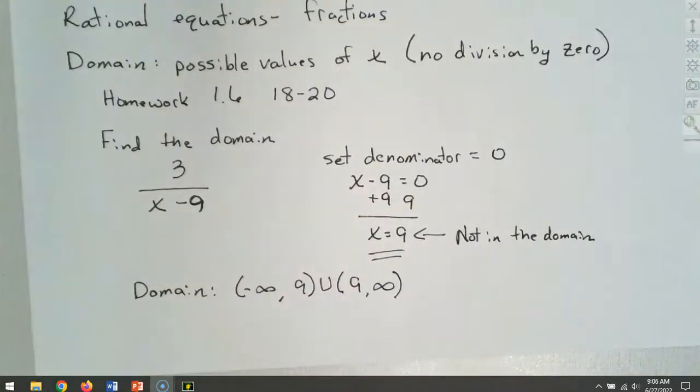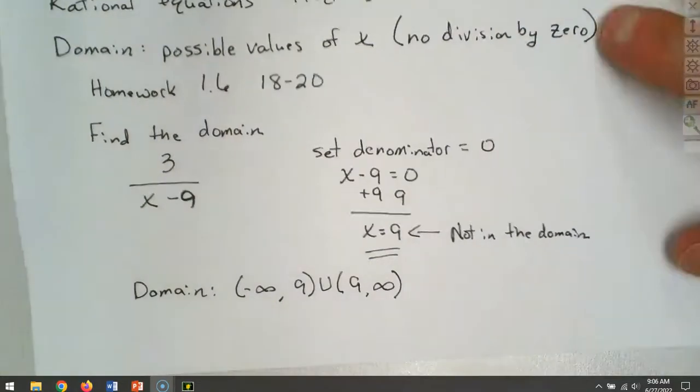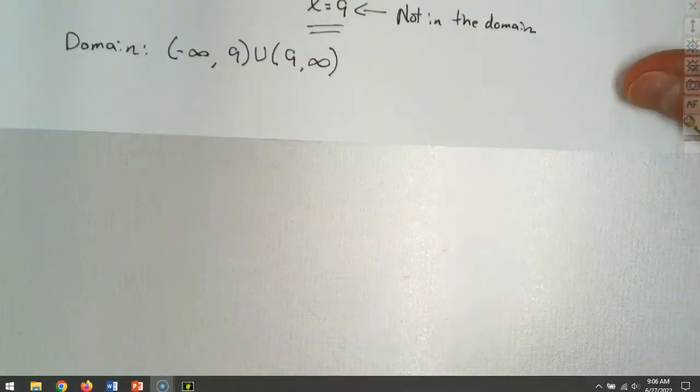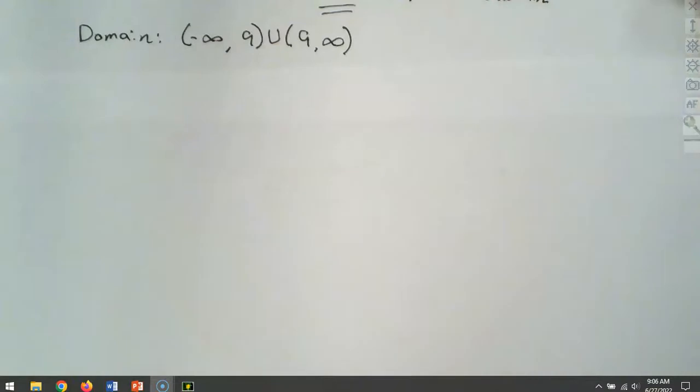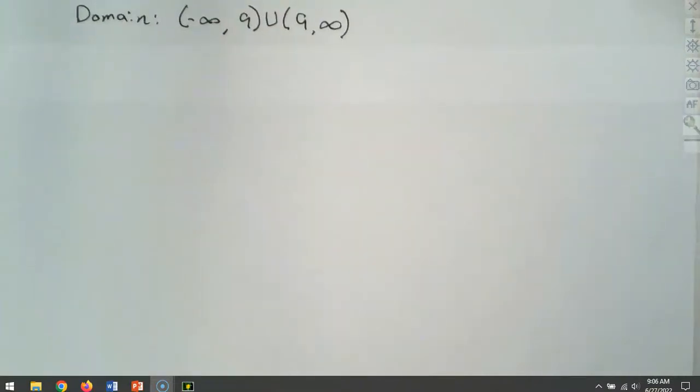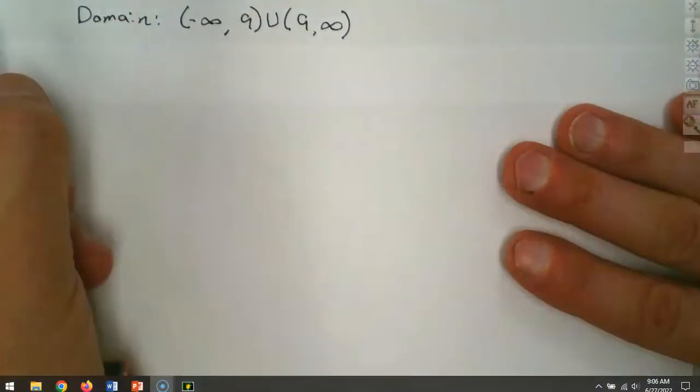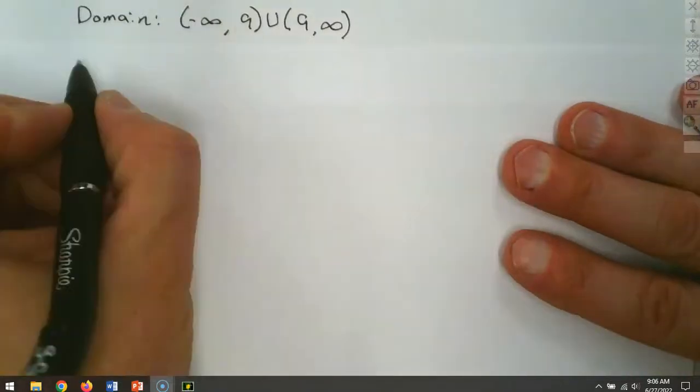So let's do a couple more of these, and then we'll actually learn how to solve these rational equations. And there's actually a step-by-step procedure. All of these questions have a step-by-step procedure. So let's again find the domain.